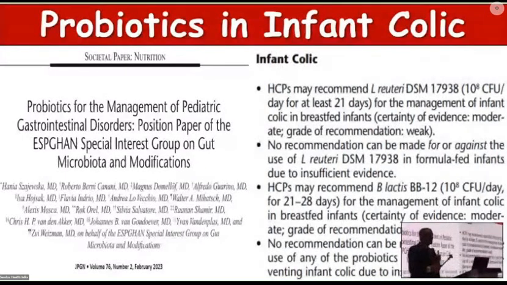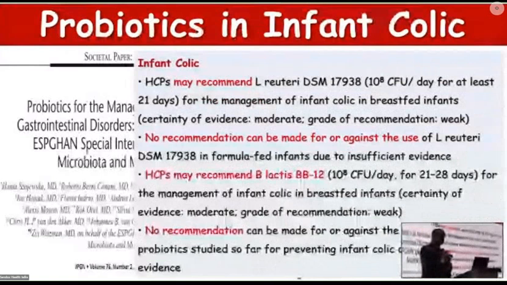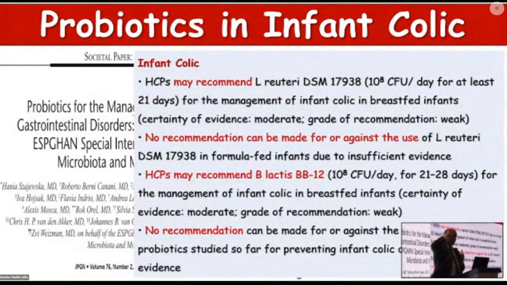They mention that healthcare professionals may recommend Lactobacillus reuteri at 10 to the power of 8 colony forming units per day for at least 21 days for the management of infantile colic in breastfed infants. No recommendation can be made for or against the use of reuteri in formula-fed infants with colic.